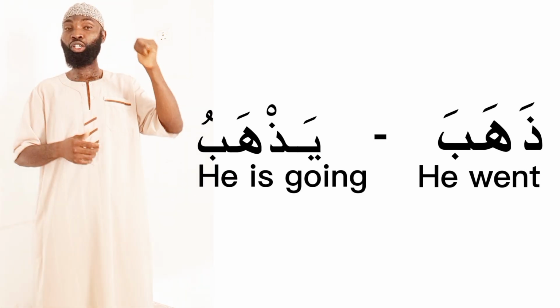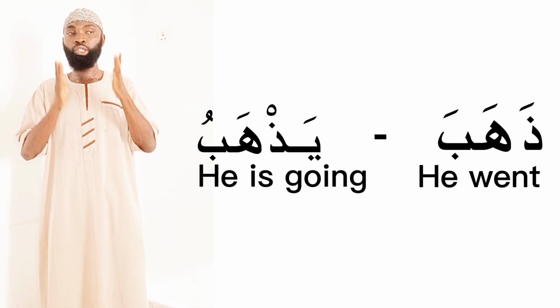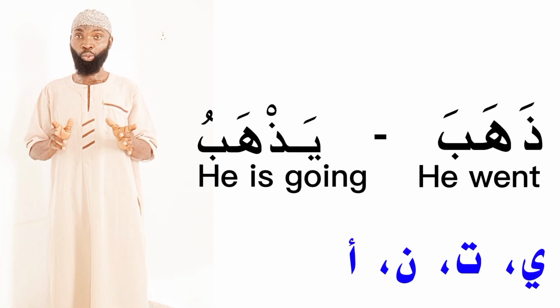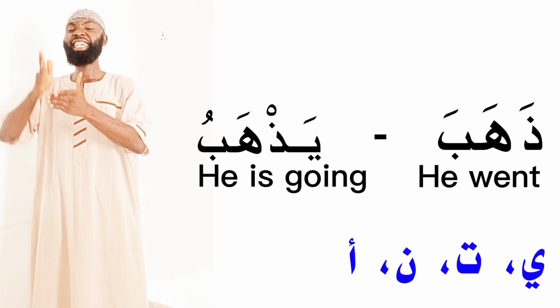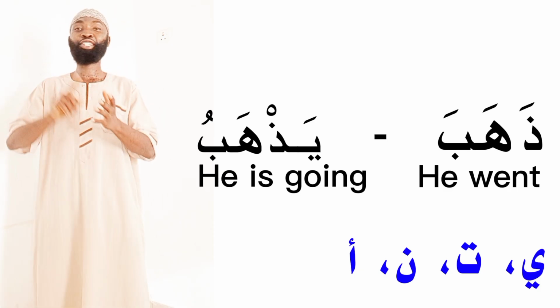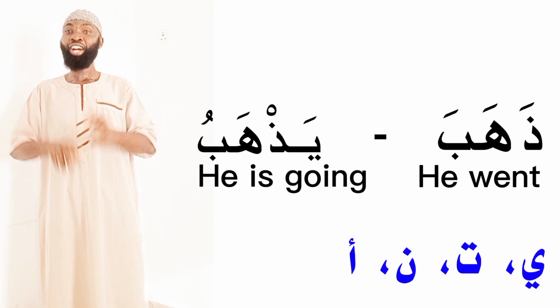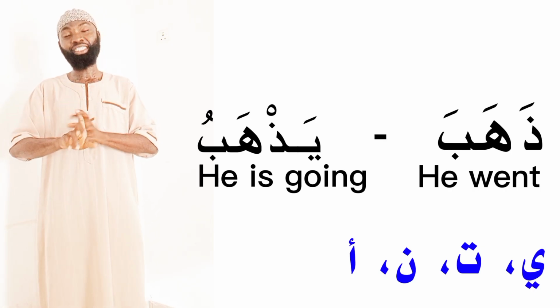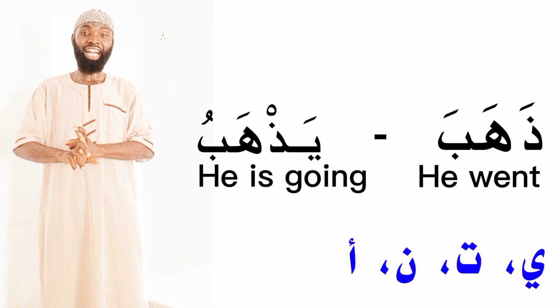And if you had watched the introductory video, you saw that I said every present tense in the Arabic language will have in its beginning one of four letters. The first one is the letter Ya, or you can even say the letter Ta. You can also see the letter Nun. You can see the letter Hamza.